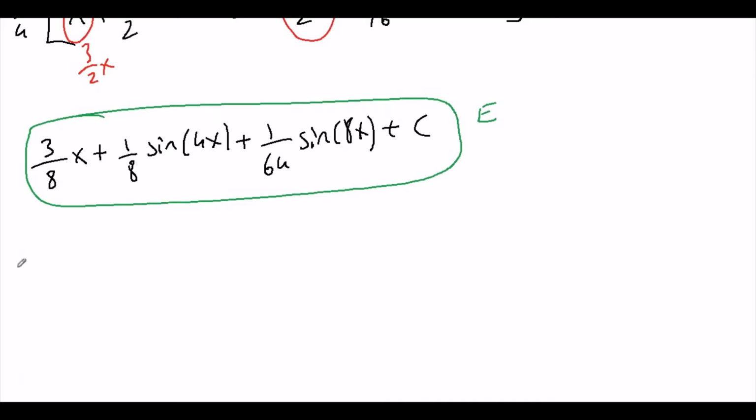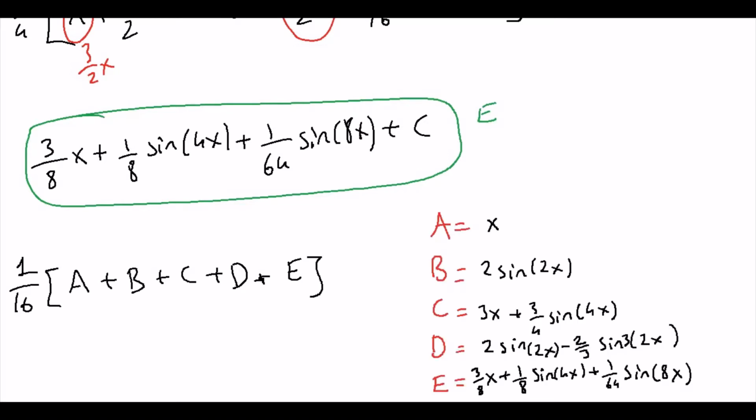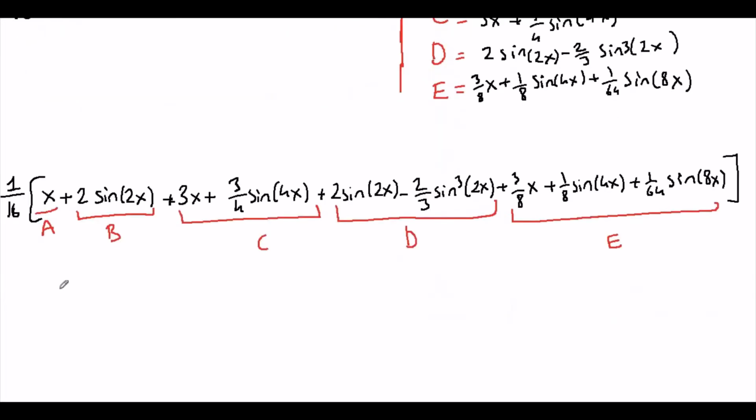Now our big integral was 1/16 times blocks A, B, C, D, and E. What we obtained from integral A is just x. Integrals B, C, D, E are listed here. Now we're going to multiply those blocks by 1/16. Before we distribute 1/16 inside, we can combine the like terms.